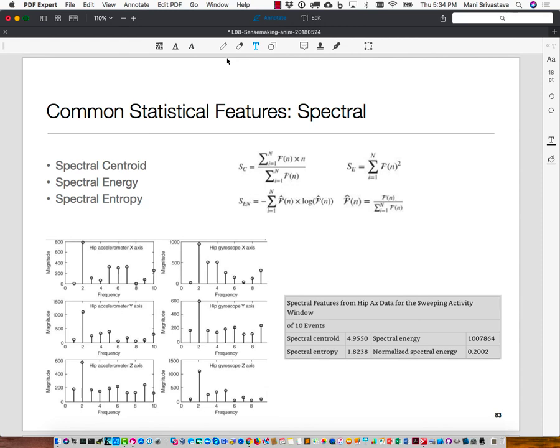They are all giving different aspects of the signal, highlighting some different aspect of it. And there are all sorts of other features that might be useful, and needless to say, all sorts of other sensors.